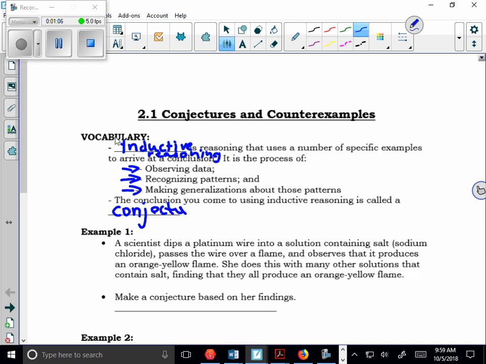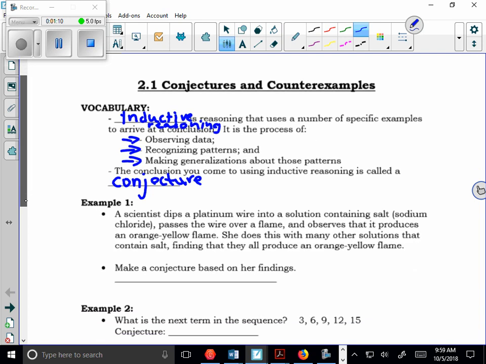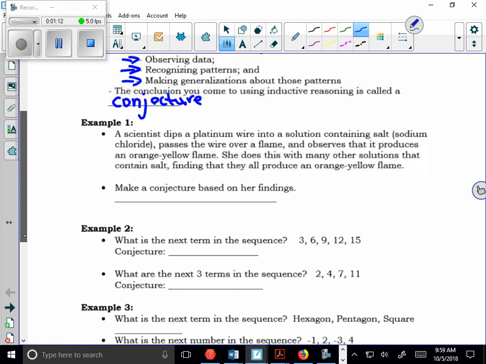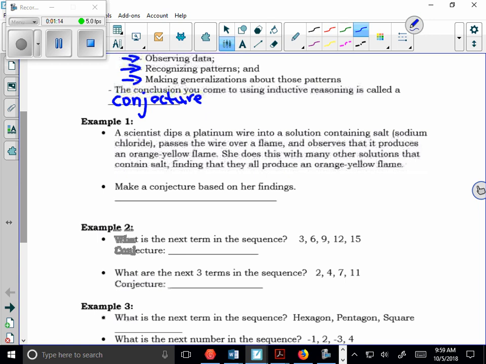So we're going to practice a little bit with what it means to make a conjecture and how I do that. This first example, science, says a scientist dips a platinum wire into a solution containing salt, passes the wire over a flame, and observes that it produces an orange-yellow flame. She does this with many other solutions that contain salt, finding that they all produce an orange flame. Make a conjecture based on her findings. Again, I'm looking at what this scientist is seeing.